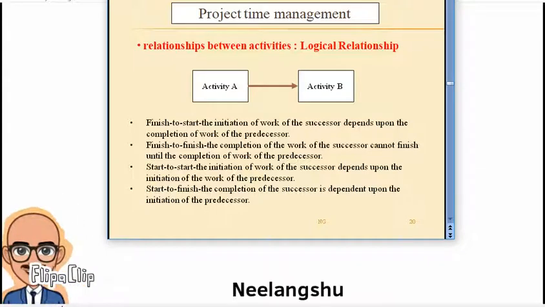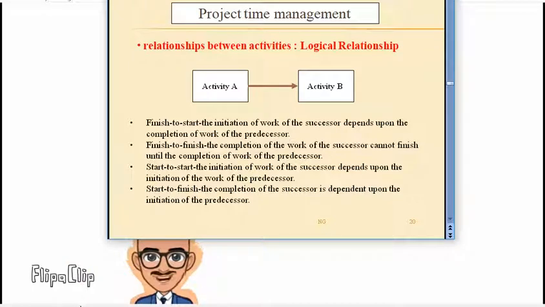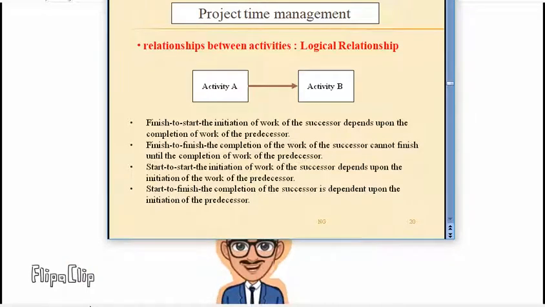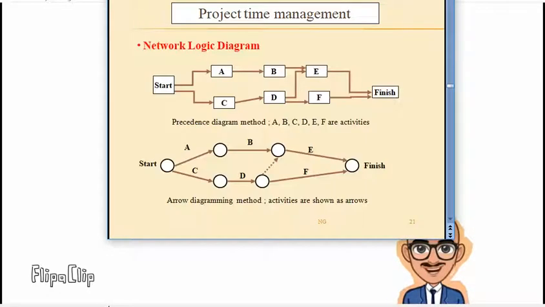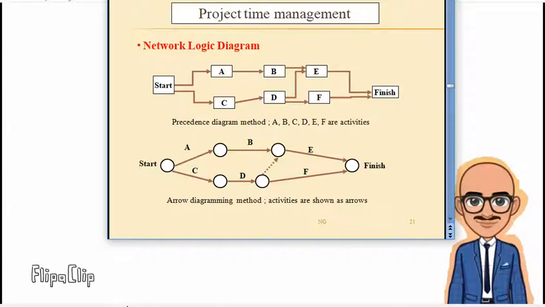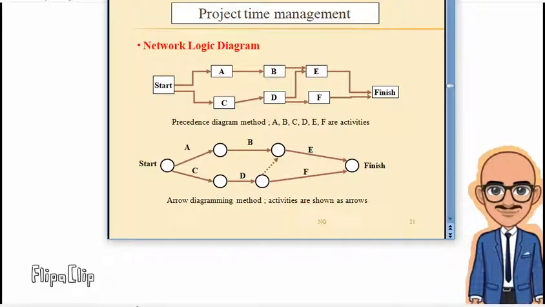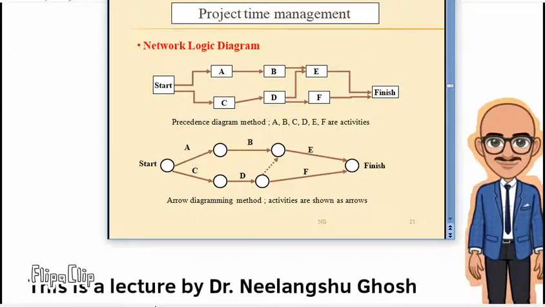Then there are several other logical relationships, but we are not discussing that here. Maybe when we discuss CPM and PERT in an elaborate manner, then we will discuss those things. And there are different types of logical diagram. This is a precedence diagram, and this is the arrow diagram.